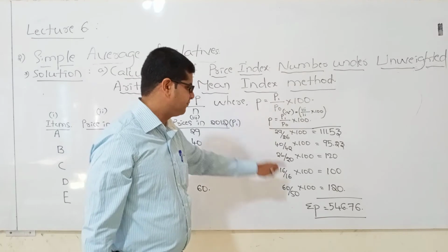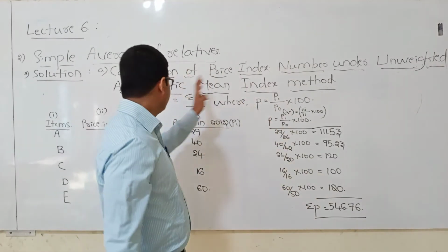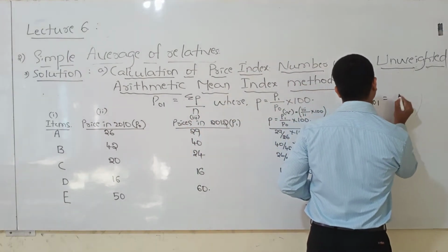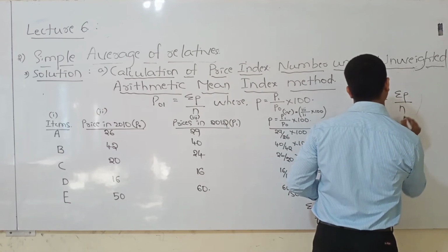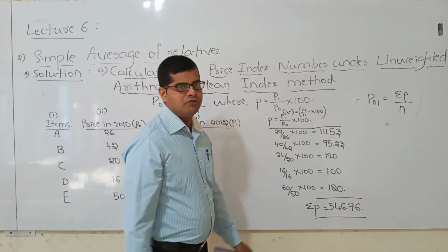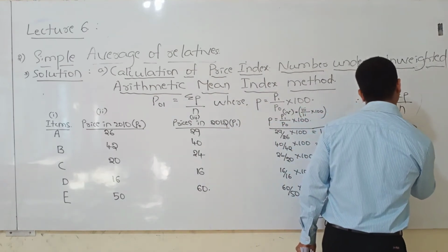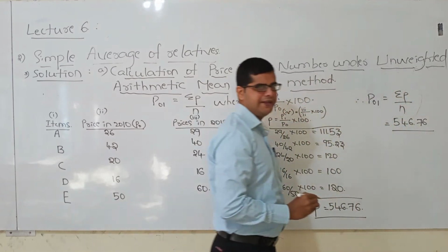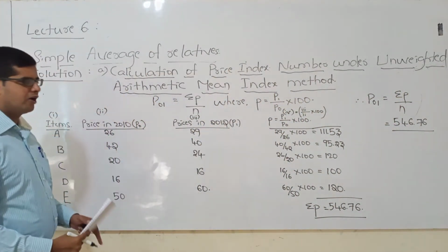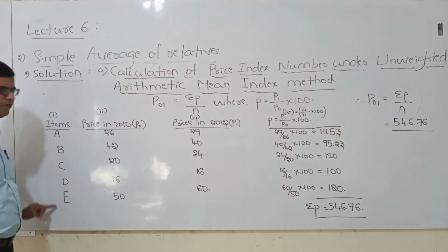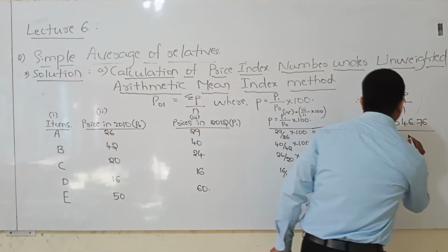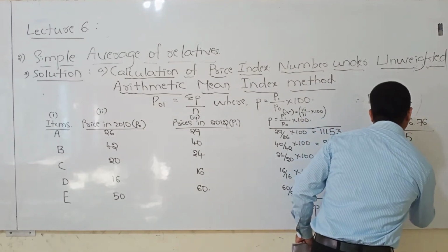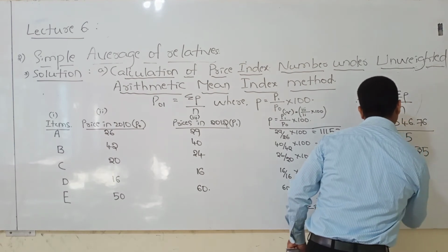We calculated P. Now we apply the main formula: P01 is equal to summation P divided by N, where summation P is 546.76, and N is the number of commodities, items, 1, 2, 3, 4, 5. So N is 5. This equals 109.35% change.